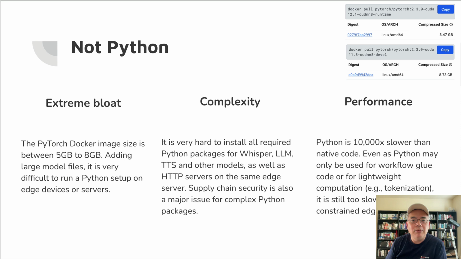However, the problem with Python is that it's extremely bloated at this moment. If you look at the screenshot at the top right, the PyTorch Docker image is 8 gigabytes. That's larger than the large language model itself in many cases, and it has huge dependencies and complexities.